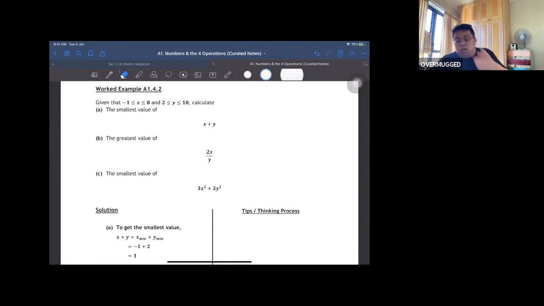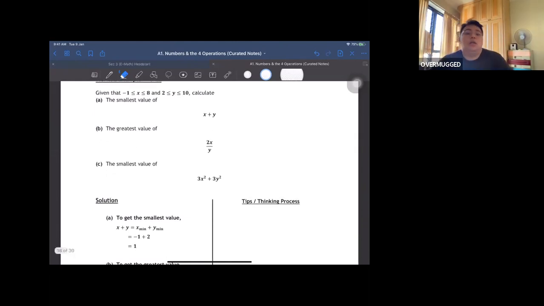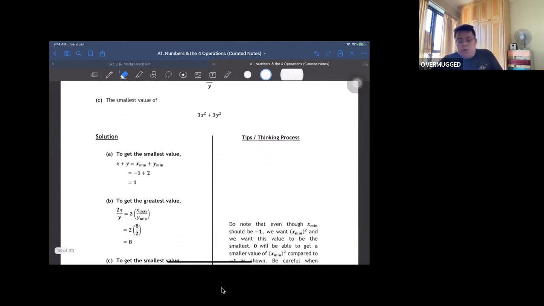But sometimes when we are dealing with squared numbers, you need to be a little more careful. If you want to find the smallest possible value, you need to remember that squaring a negative number will become positive. So if the smallest possible number is -1, but you square it, it becomes 1.